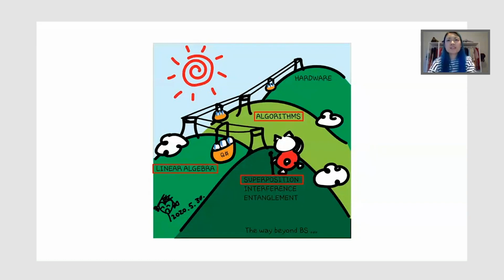For today's class, we're going to start from superposition, but we're not just going to stay there. I drew this from mountain to mountain, these cable cars labeled as Q#, which is a quantum language that Microsoft invented. We're going to use that as our tool to go from a fundamental concept to a practical area.